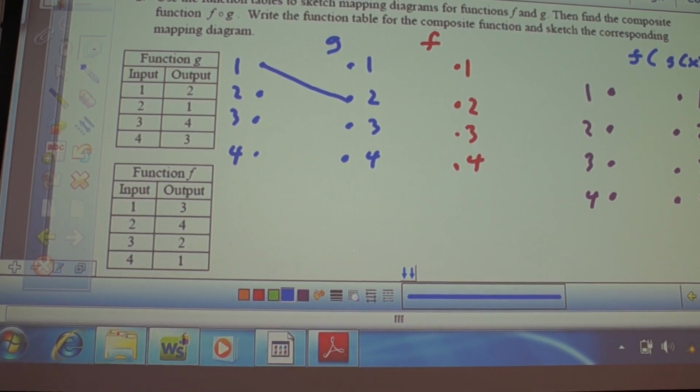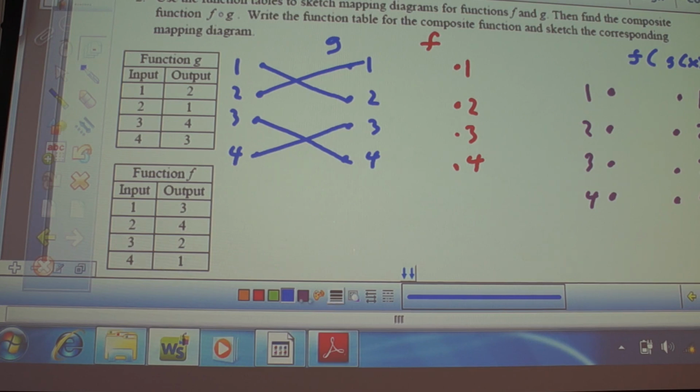Okay, so let's see if we got this. So as I go through this, for g, 1 goes to 2, 2 goes to 1, 3 goes to 4, 4 goes to 3. And then f, 1 goes to 3, 2 goes to 4, 3 goes to 2, 4 goes to 1. So my summary, if I start off at 1, I end up going to 2, and then from there I go to 4. So if I start off at 1, I end up at 4.